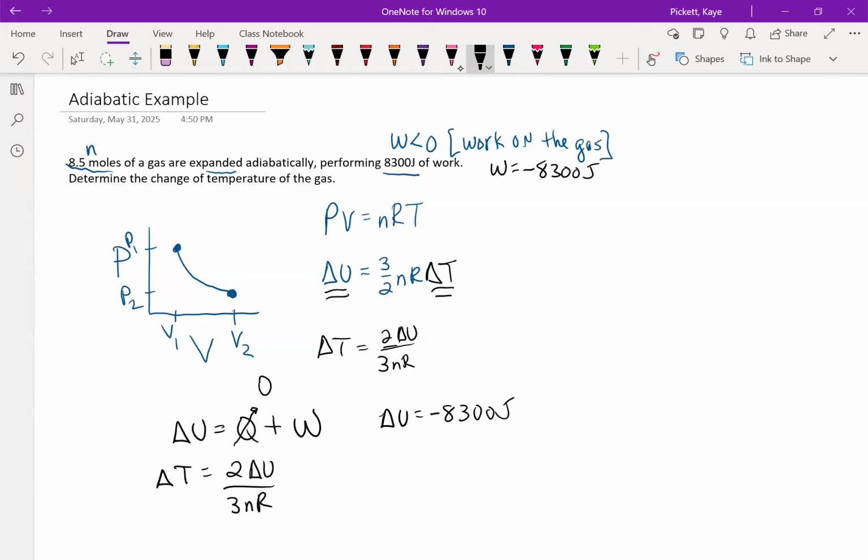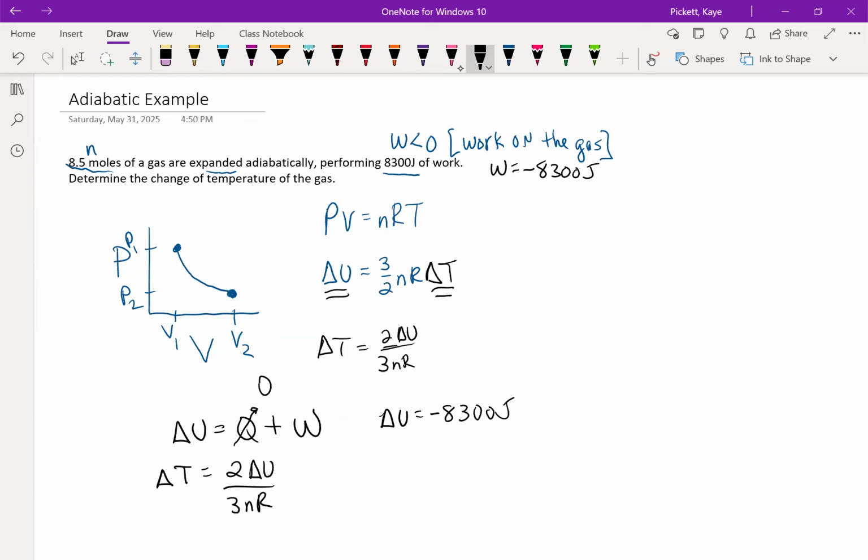So our temperature is going to go down. That should make some sense to us. The pressure went down. We're not changing the heat. The heat isn't flowing outside the system. Since it expanded, the temperature would decrease.